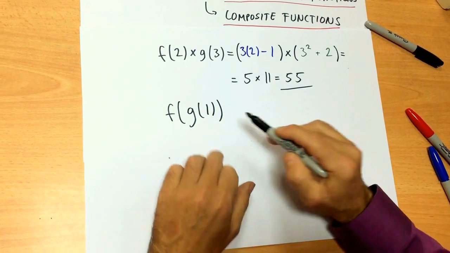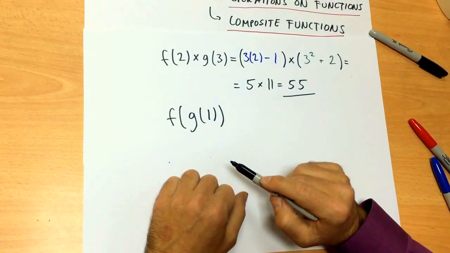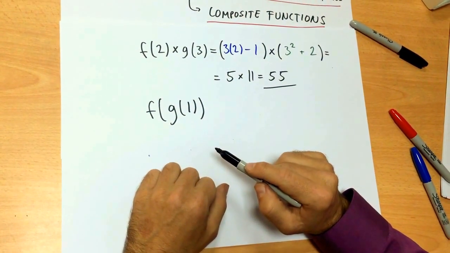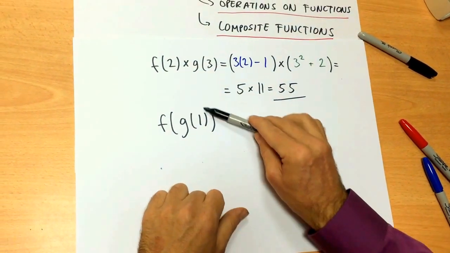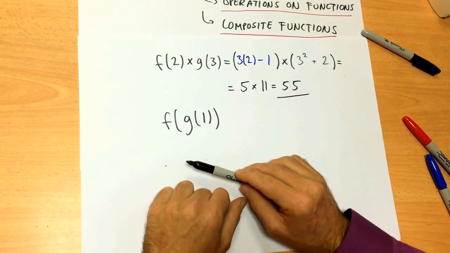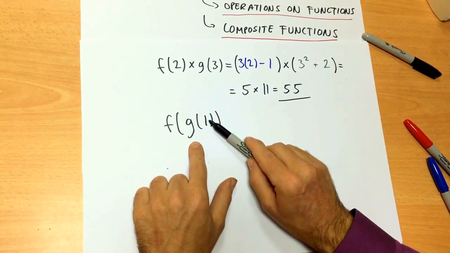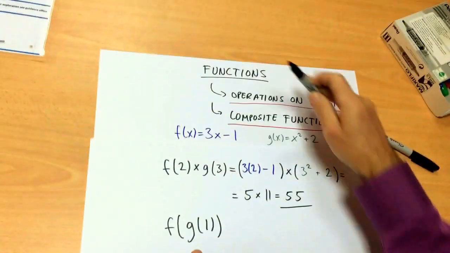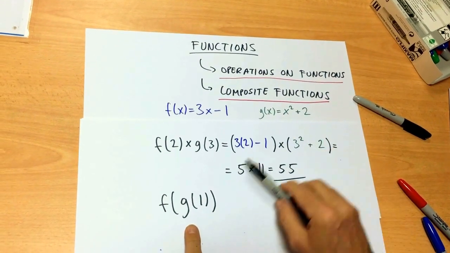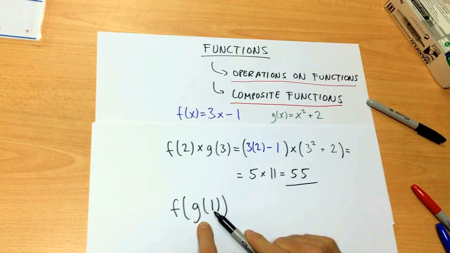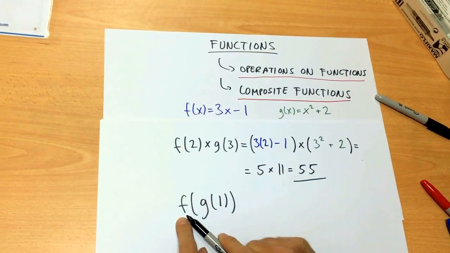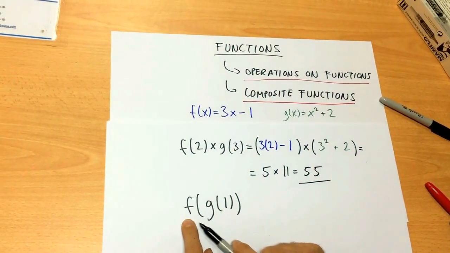There could be any number here, I will take 1. So before you fall off your chair in amazement what this means, let me just very quickly explain what I'm trying to do here. This means that g of 1, I'm following the rule for my g, it is here. I will evaluate, I will get some number. That number is the input into my function f. So this is like having a function inside a function.